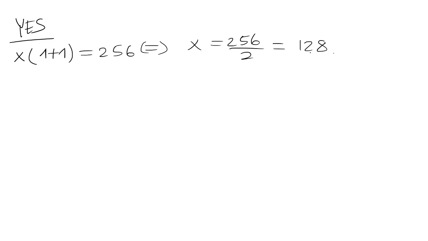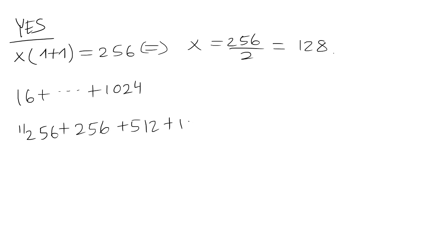128. And 128 is an even number, so if we keep continuing in similar fashion from before, we had 16 plus all the way up to 1024. If we keep going from there, at some point we simply end up with 256 plus 256 plus 512 plus 1024, because of the above calculations, and we have shown that this is where we end up.